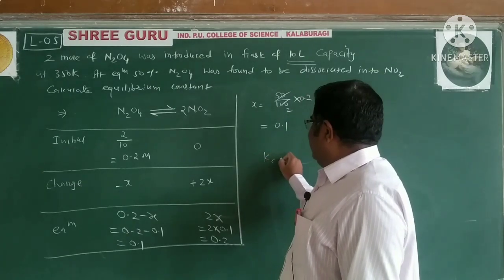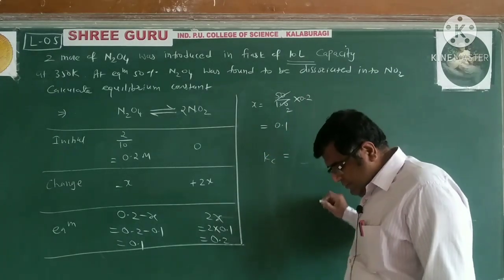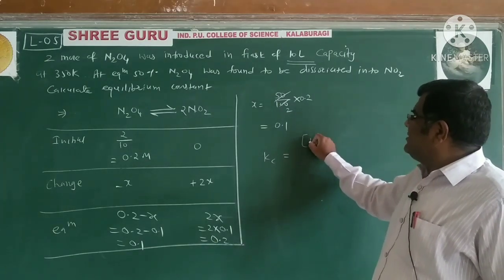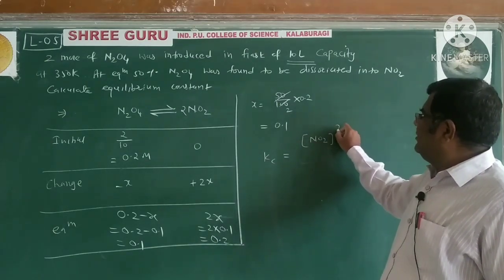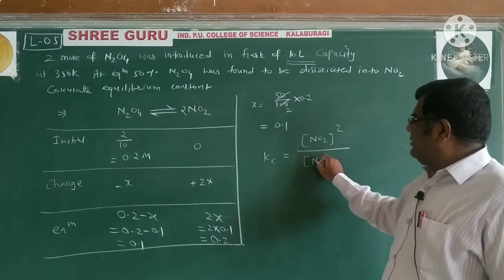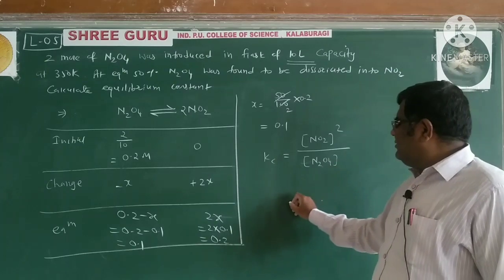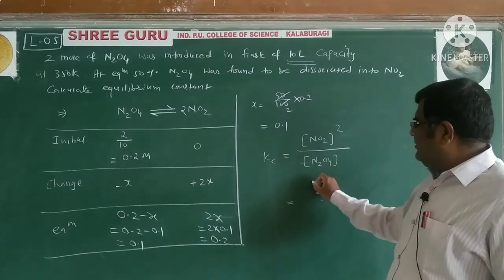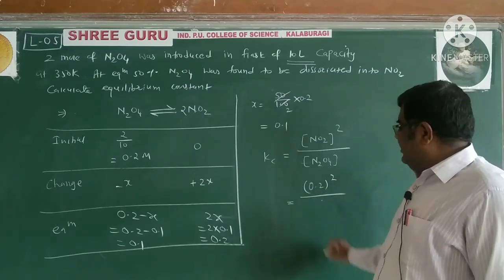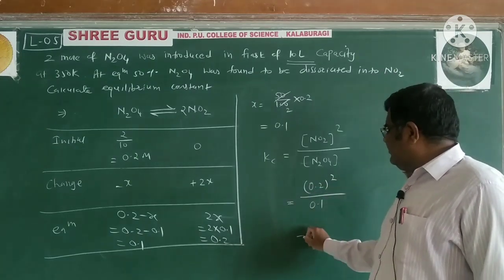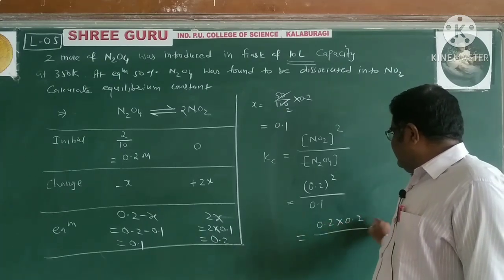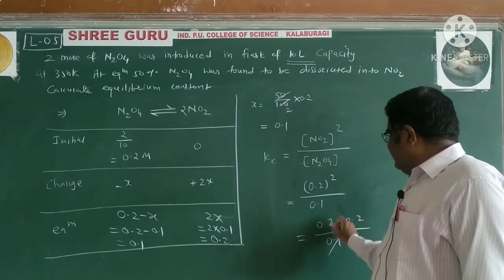We can calculate Kc here. Kc equals the molar concentration of nitrogen dioxide squared divided by that of dinitrogen tetroxide. It is 0.2 squared, and this is 0.1. So this is 0.2 and this is 0.2 divided by 0.1.